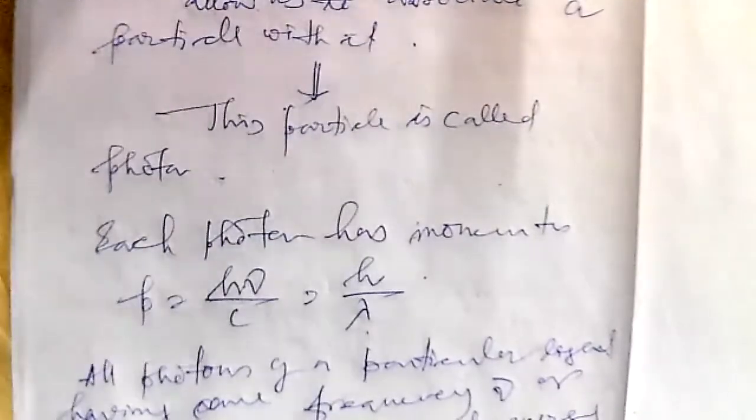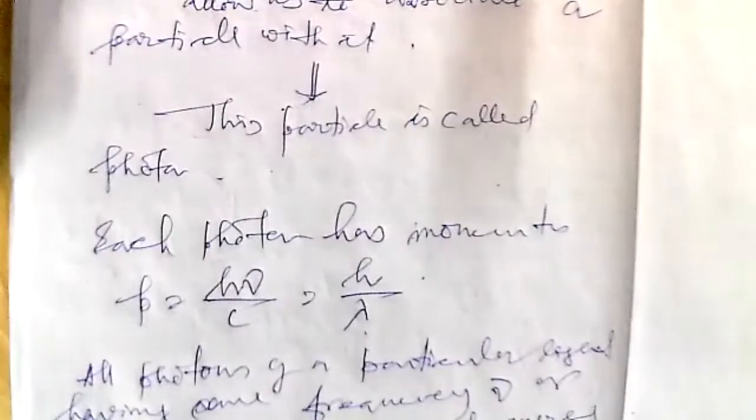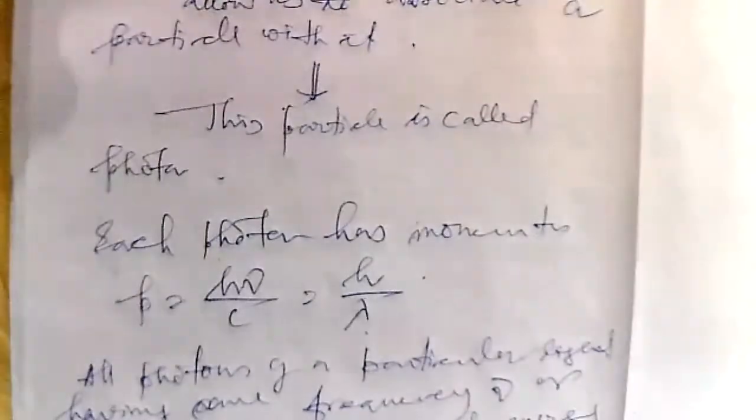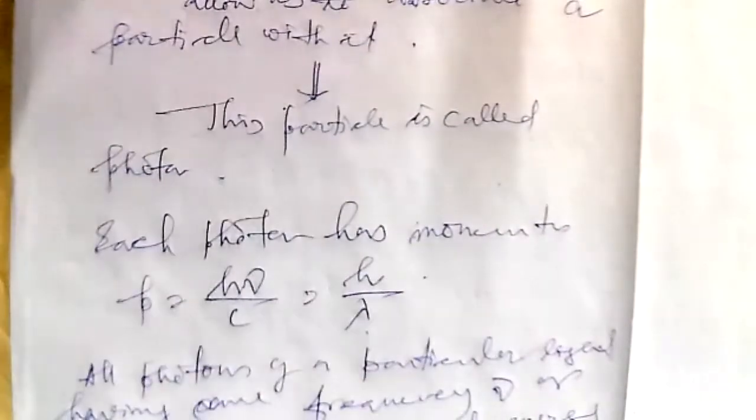Total energy is conserved, total momentum is conserved, but the number of photons may not be conserved. A photon may be absorbed or a new photon may be created.